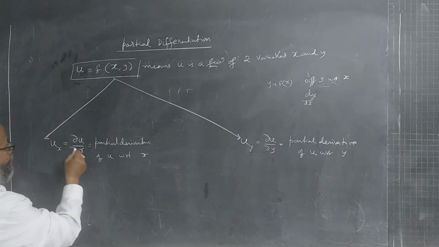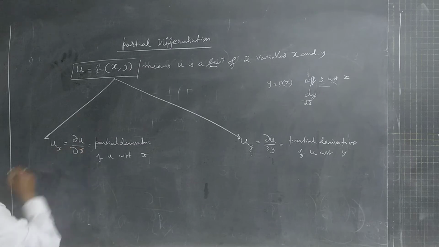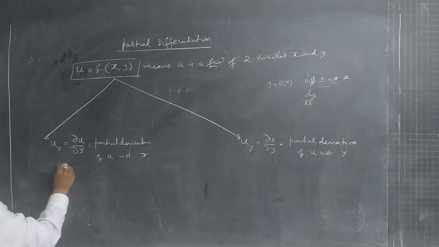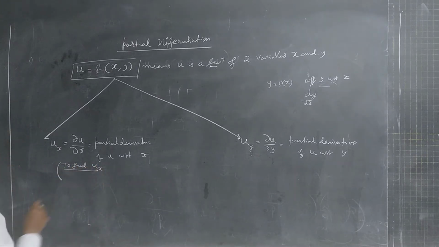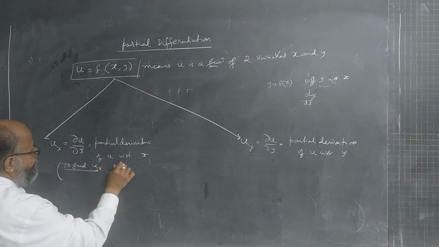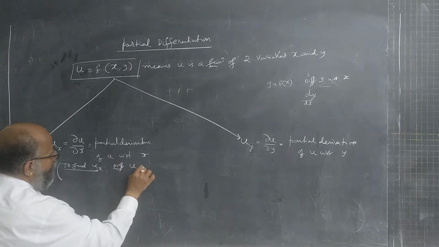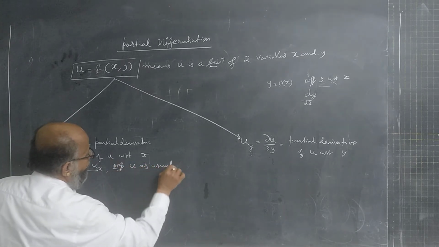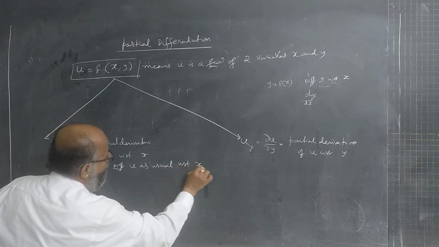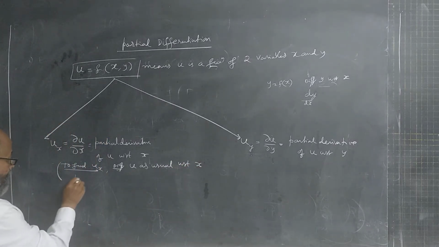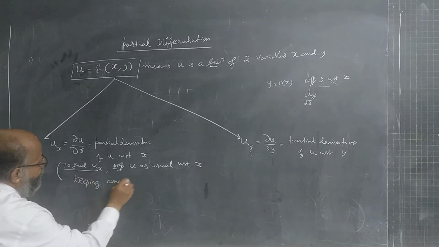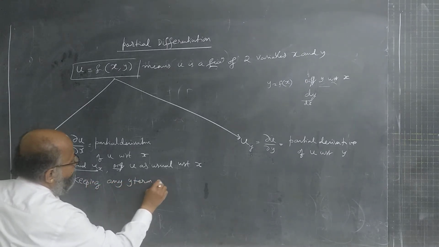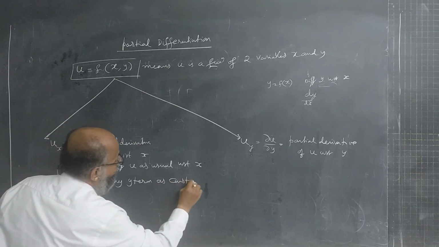Now observe here, if you are asked to calculate ux, how do you do it? The procedure is like this. To find ux, differentiate u as usual with respect to x, keeping any y term as constant.